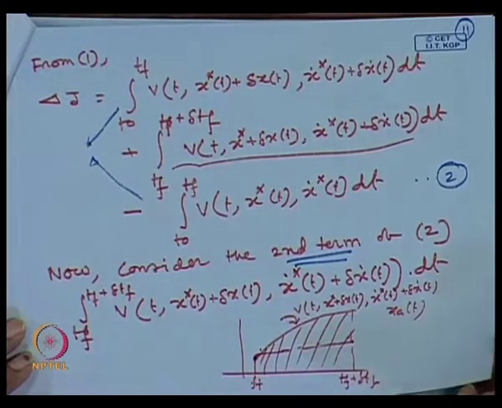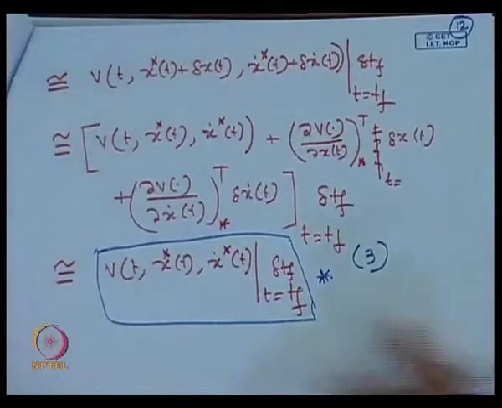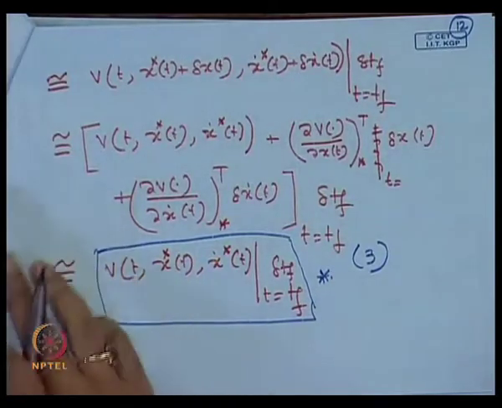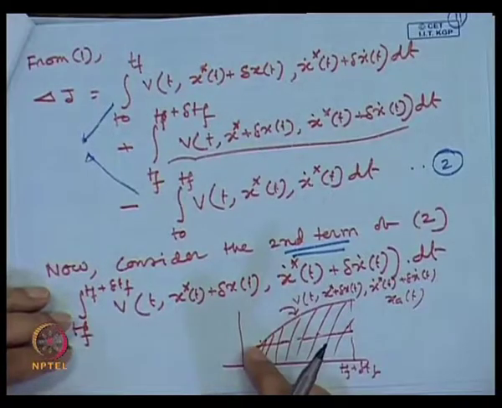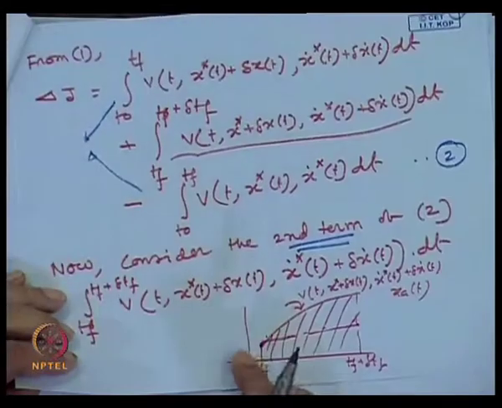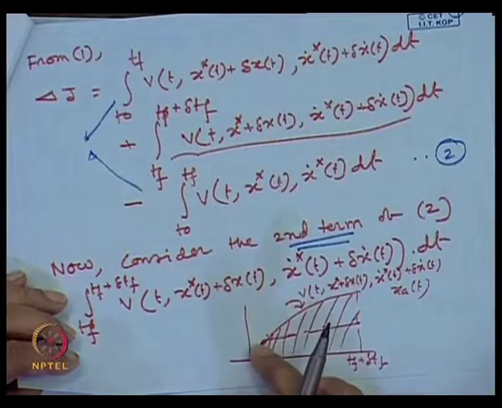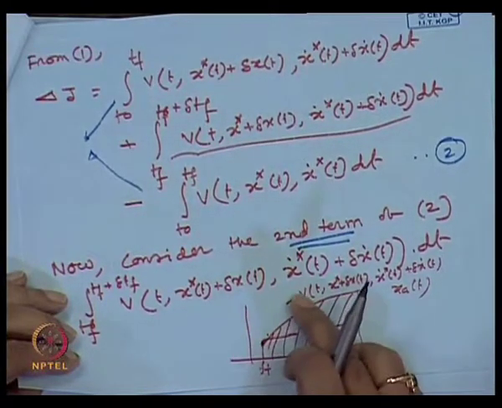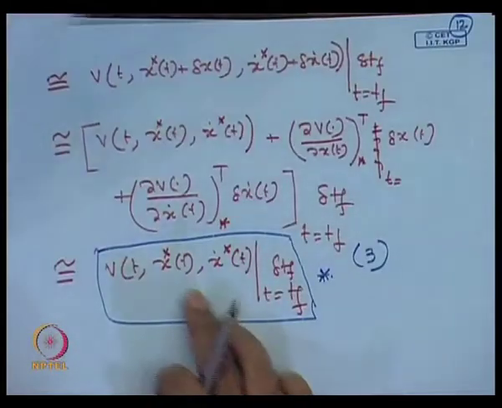As we explained earlier, we have approximated that integration part by taking the slope, the value of the V of x t curve at t equal to T f, multiplied by delta T f.